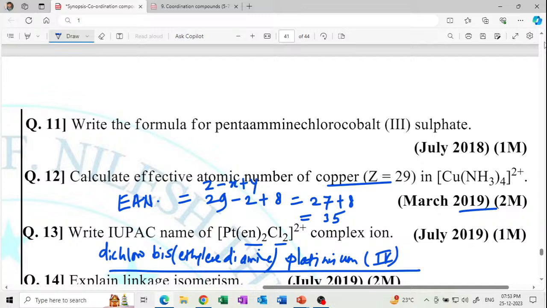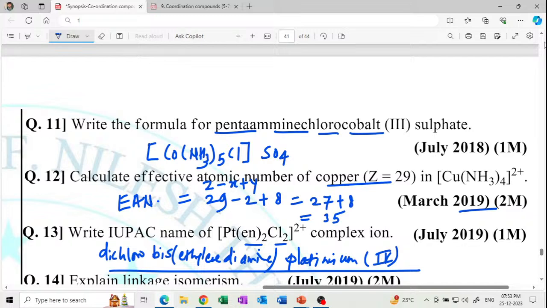Okay, write the formula of the pentaamminechlorocobalt sulfate. So this is the cobalt. Pentaammine stands for NH3 5. Chloro, so this is the chloro. And in bracket, sulfate SO4. Okay.